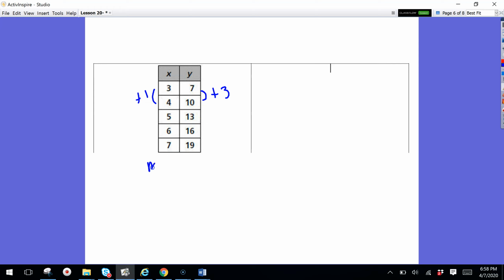So my slope here is 3. Right now I have a slope, so I can use slope-intercept or point slope. Obviously, I also have a point, so I might want to go ahead and do point slope. If I use point slope, I'm going to do y minus the y value is equal to the slope times x minus the x value. So that's one way that I could have done it.